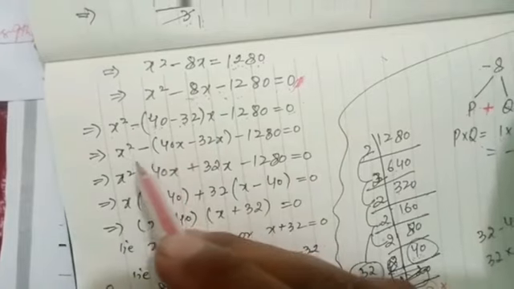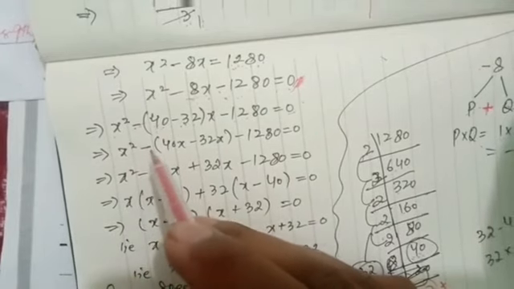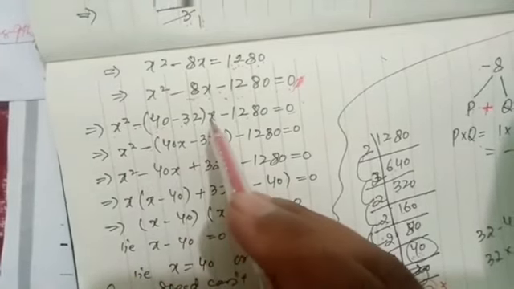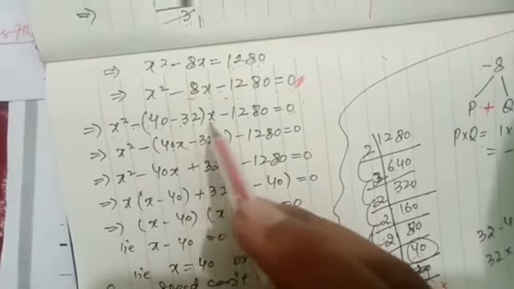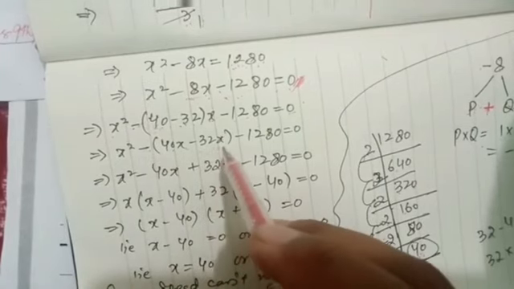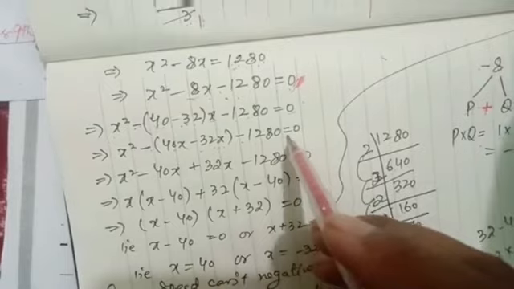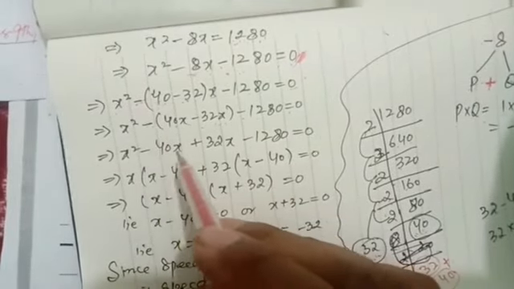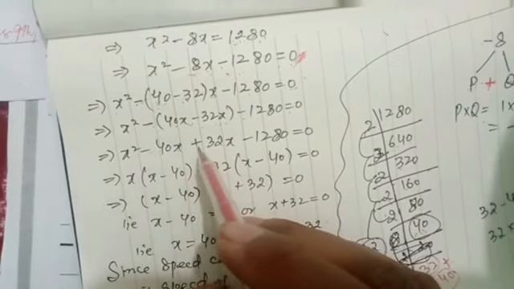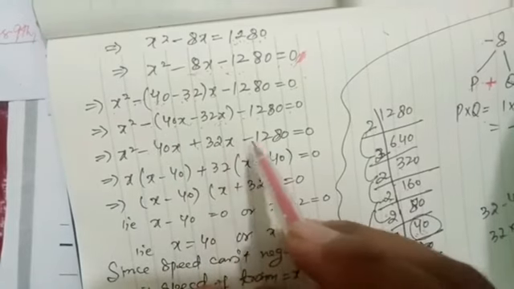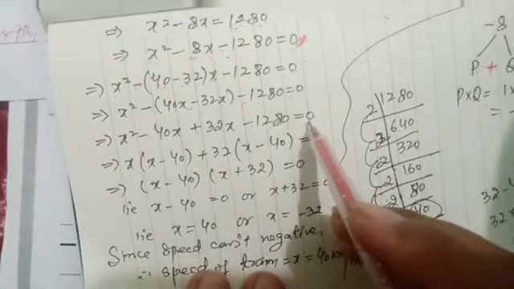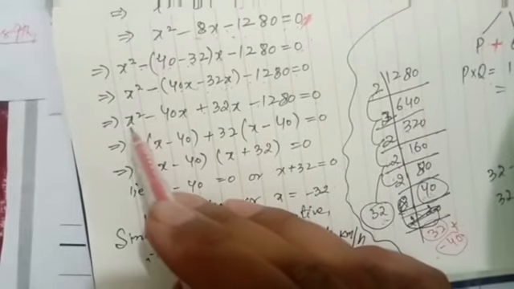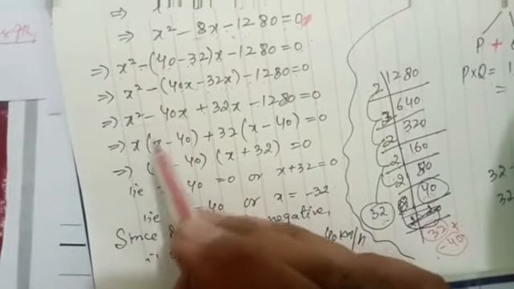Then what I did, x square minus is as it is, and x into 40 is 40x, x into 32 is minus 32x, minus 1280. Then x square is here, minus into 40x is minus 40x, minus into minus is plus 32x, minus 1280 is equal to 0. Then see here, between these two terms I took x common.